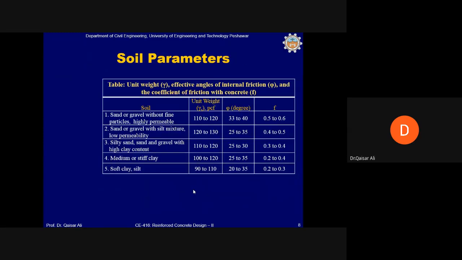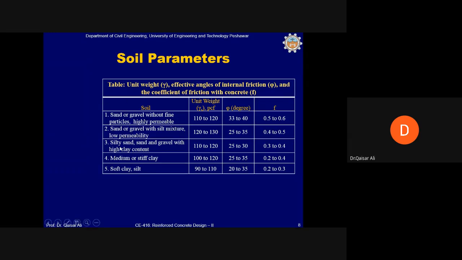Okay, some of the soil parameters. These are approximate soil parameters which, when required, can be used, but it is advised to use the lab test data for these soil parameters. These soil parameters have been taken from geotechnical books, and different types of soil have been classified according to the typical geotechnical classification.